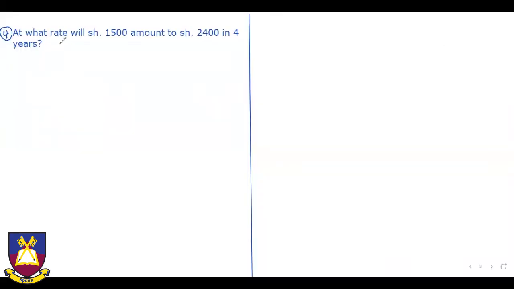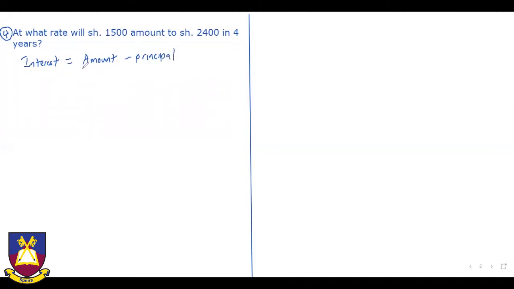At what rate will shillings 1,500 amount to shillings 2,400 in 4 years? So we need the interest rate, and we cannot do anything unless we find the interest. We know that interest will equal to amount minus the principal.